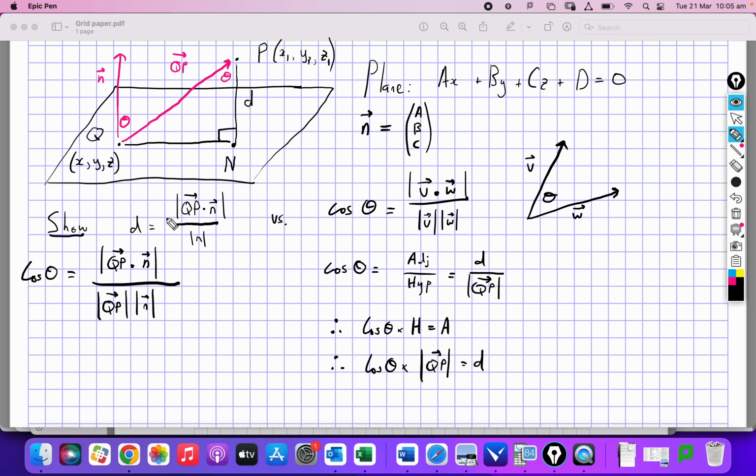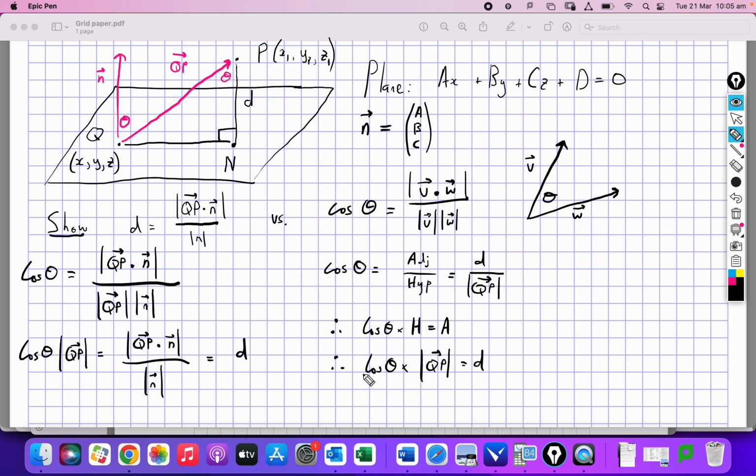I look back at what I'm supposed to show and I think, oh, the right hand side, I can make it exactly the same if I bring over the magnitude of QP. So if we multiply both sides by that, then we'll be left on the right hand side with what we wanted. So that small little modification. And because I've done some thinking over here, I can see cos theta times magnitude QP is just the distance, so therefore this equals distance.